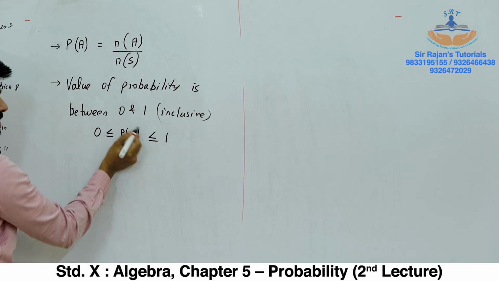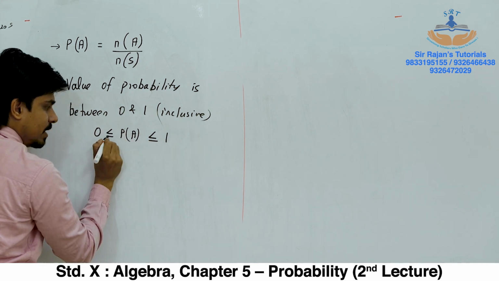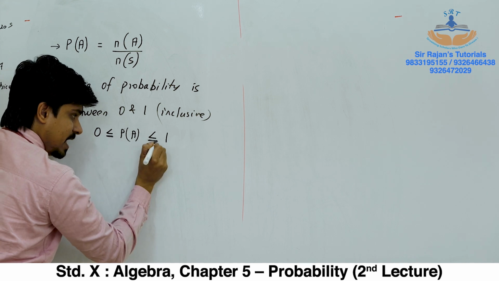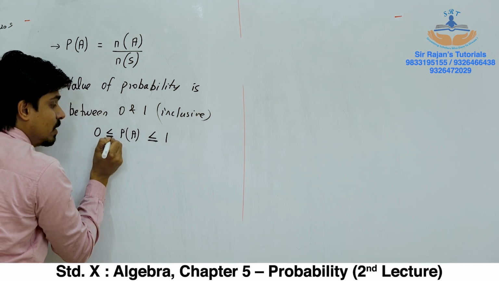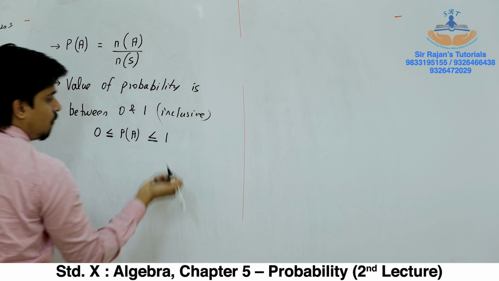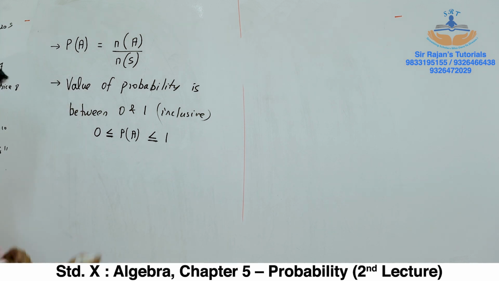P of A value lies between 0 and 1 and either ये साइन लेस देन इक्वल टू बोलते हैं. लेस देन इक्वल टू का मतलब क्या, 0 भी हो सकता है, 1 भी हो सकता है. सो दिस इज फर्स्ट थिंग.